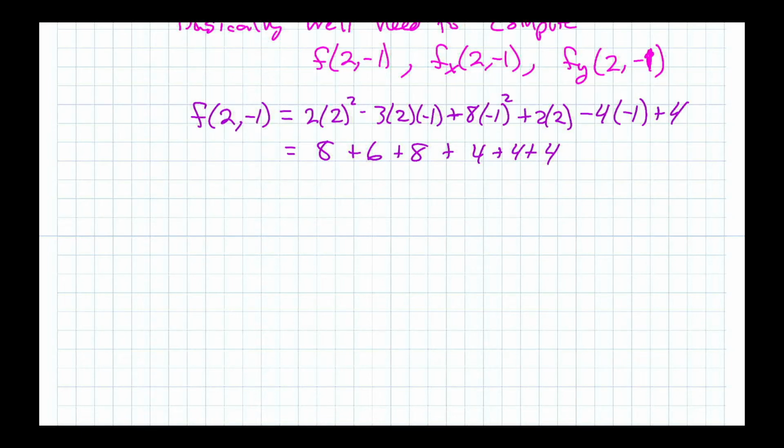All right, I guess that's it. So 8 and 8 is 16, 22, 26, 30, 34. Let me just check that because I can. Is that 34? Yes. Okay, so that's the correct answer there.